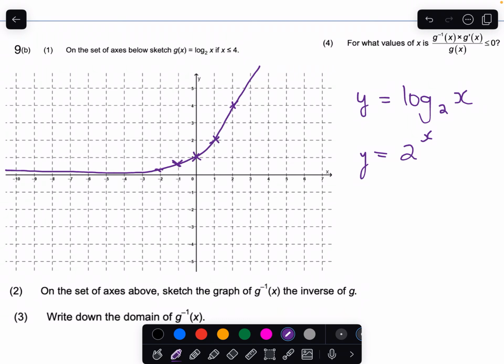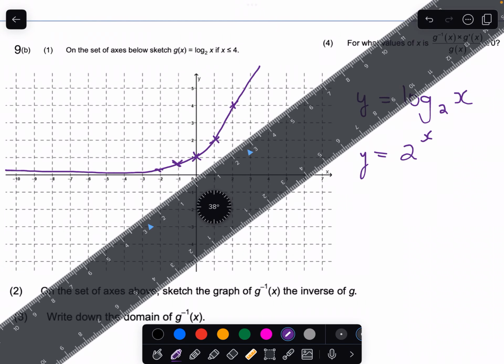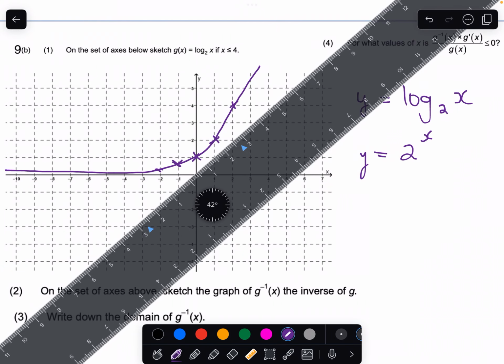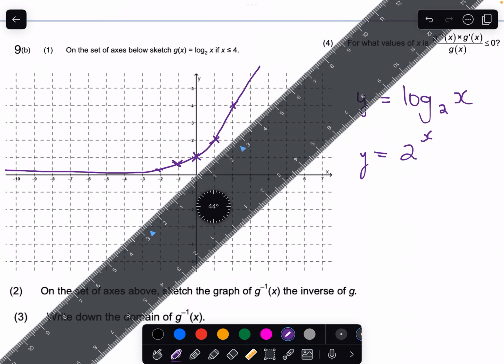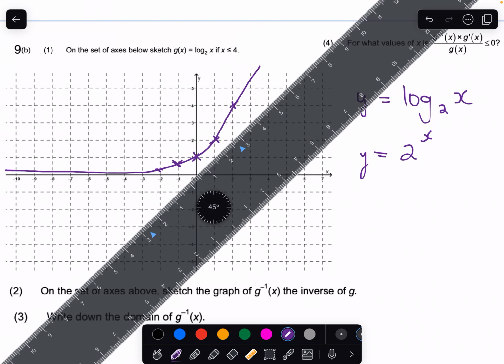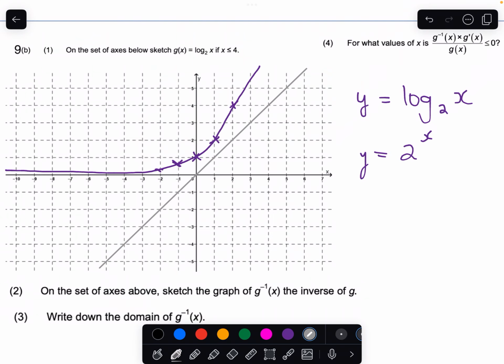So then the inverse, the log graph, is going to be the reflection in this line, y is equal to x. Now we'll have an x-intercept over here, right?